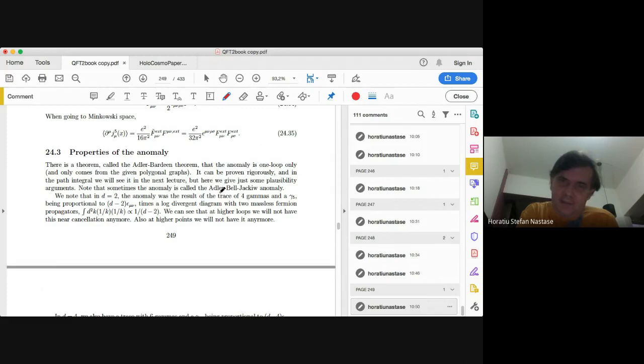The actual theorem is a bit more complicated. Also, the anomaly sometimes is called the Adler-Bell-Jackiw anomaly. So the same Adler appears in the definition of the anomaly and in the theorem as well.